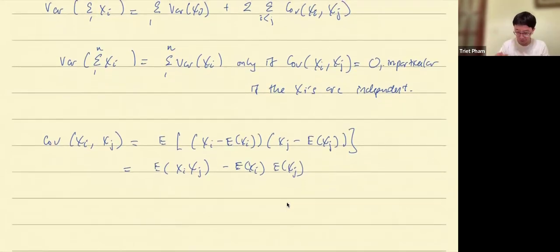Well, a lot of times computation of the covariance is not easy, exactly because of this kind of product.